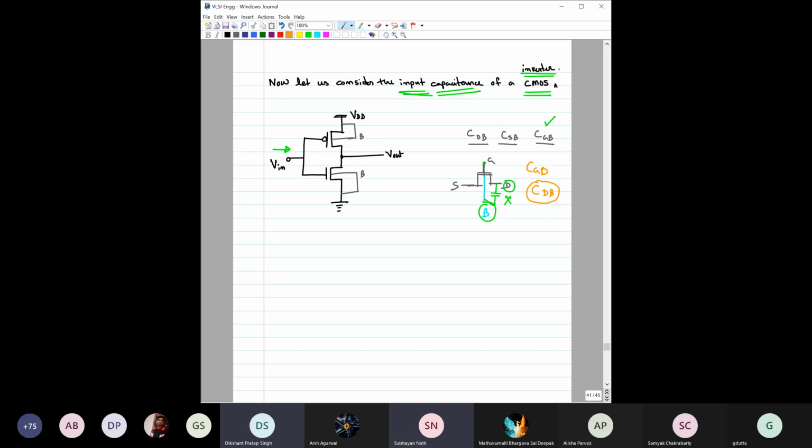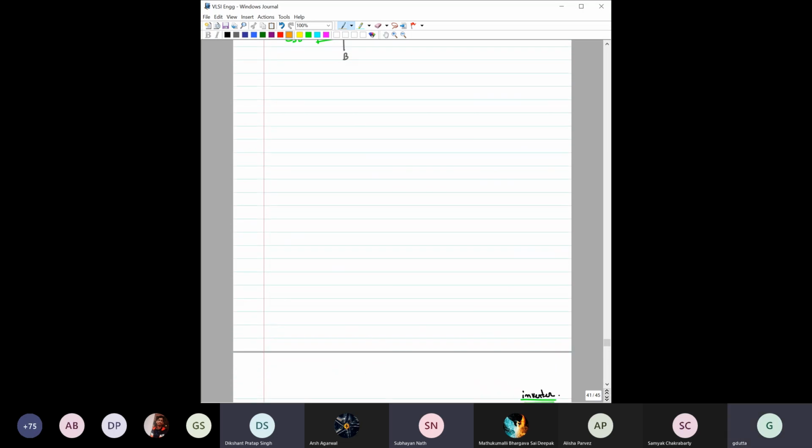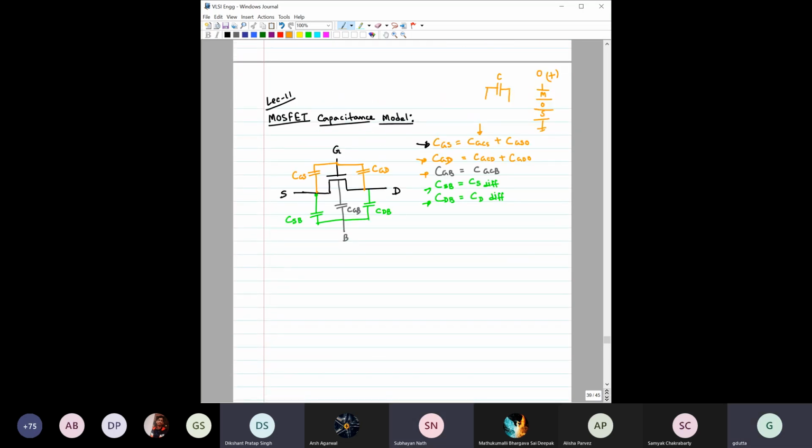Basically, from the previous picture, I was imagining it to be a simple circuitry, where we have one point at G and one point at B. But this capacitance is not connected with the gate, right?